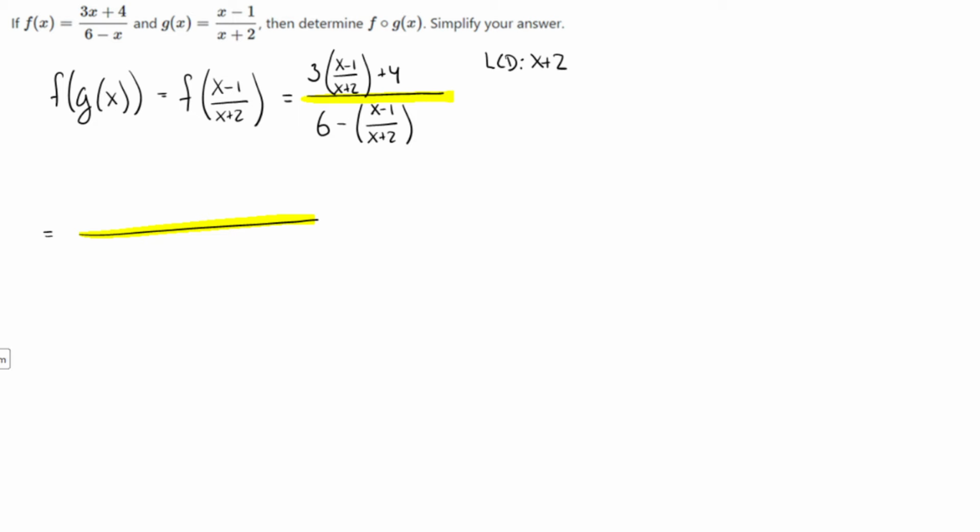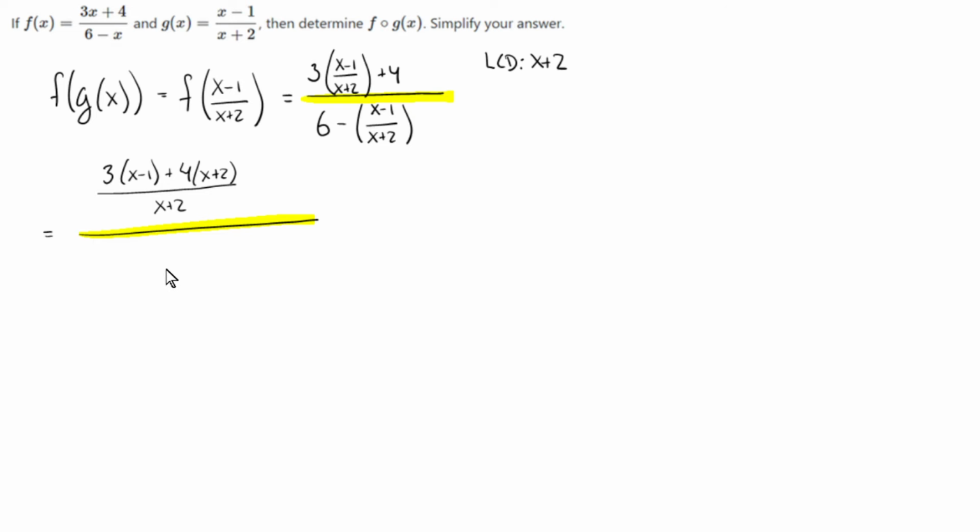Okay? And the numerator, we're going to have another division going on. And we're going to get 3 times (x − 1) plus 4, over x plus 2.